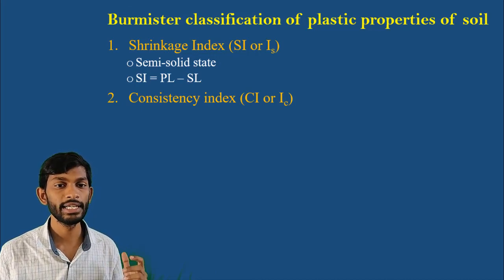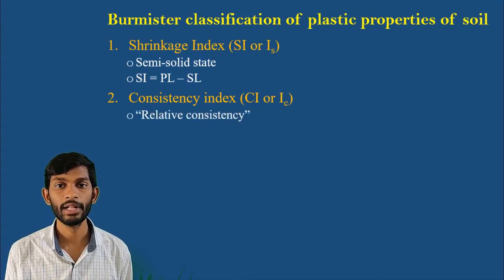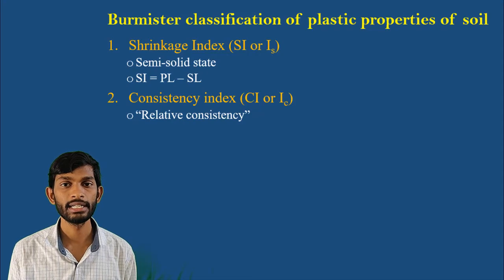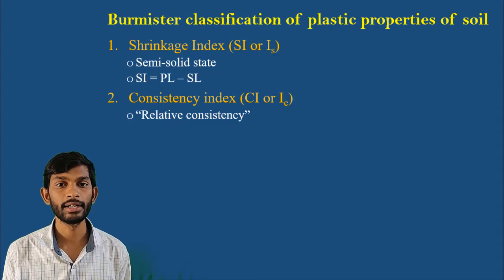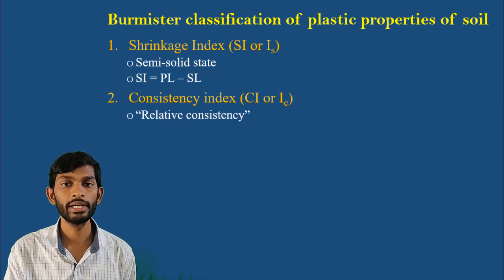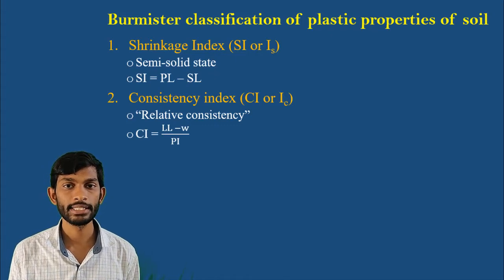The next property is consistency index, CI or I suffix C. I represents index and C represents consistency. In this, the soil behaves like a consistent material. It is also called relative consistency.